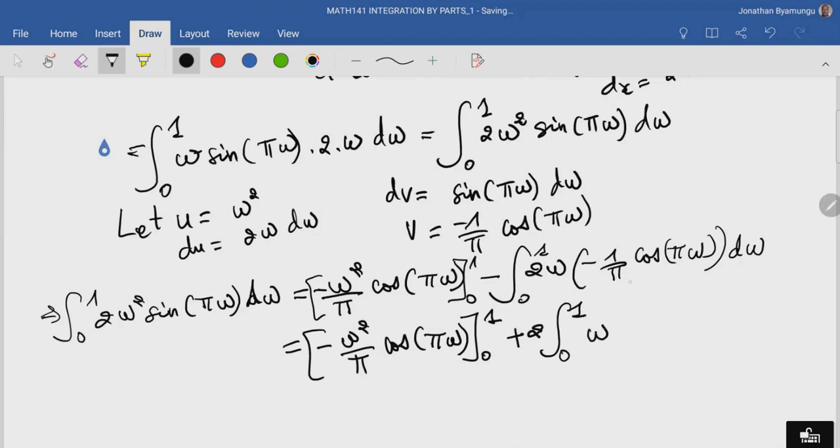You can take out the pi as well because it's a constant, so 2 over pi here, w multiplied by cos pi w dw.